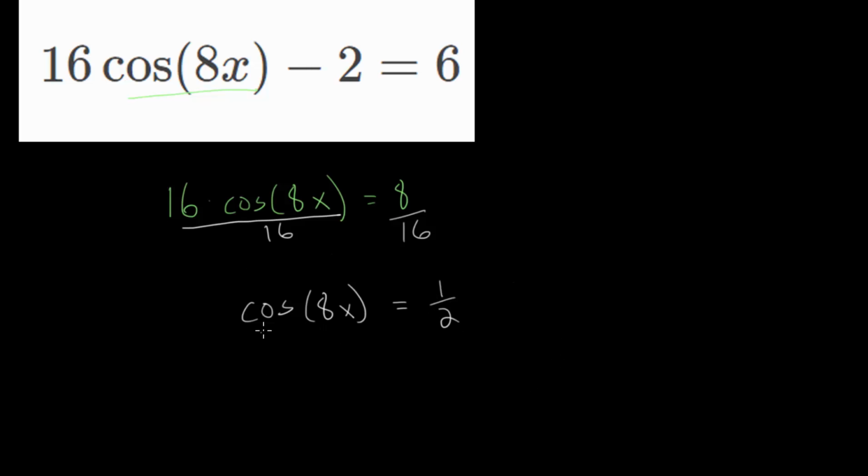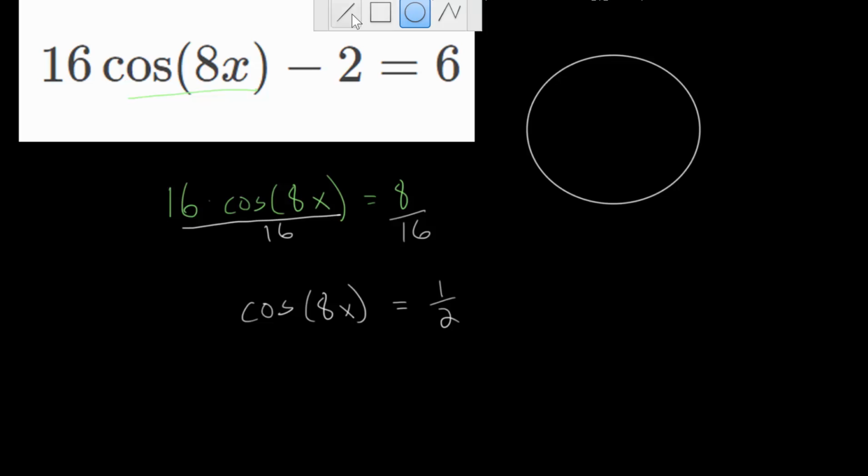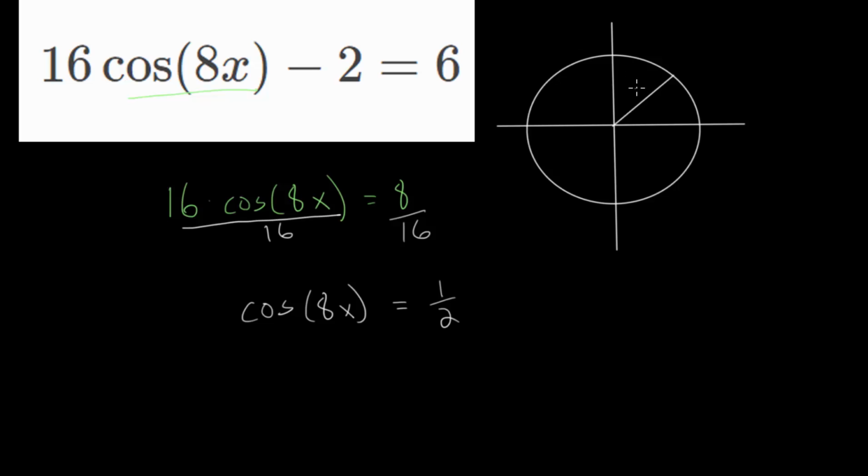Now once we solve it for the sinusoidal term, this cosine term, then we can use the unit circle at this point. Remember that the unit circle is plotted on the coordinate plane, the xy axes, and the radius of this circle, the distance from the center to the edge, is 1, which is why we call it the unit circle.